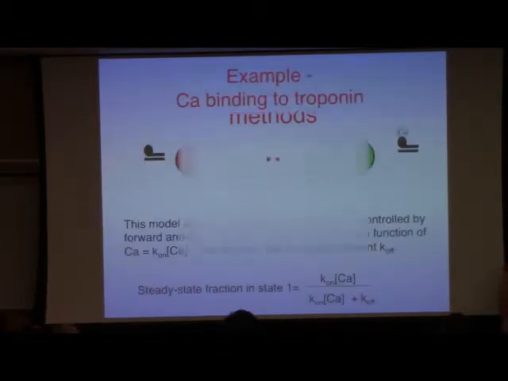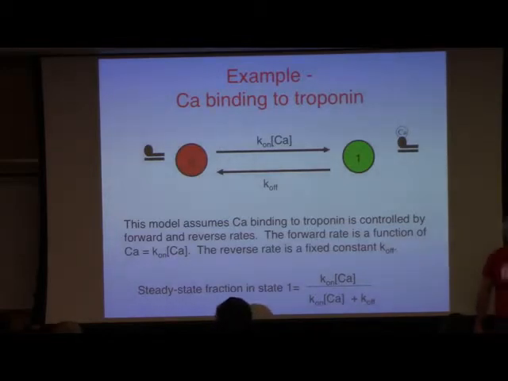So, just to talk about the Monte Carlo method. When we have a system like a channel, and this is done the same way when you have calcium which binds to, say, troponin, you can think of this as on and off, like a channel opening and closing. So it's going to be reversible. We can have an on rate, in this case calcium dependent, and an off rate.